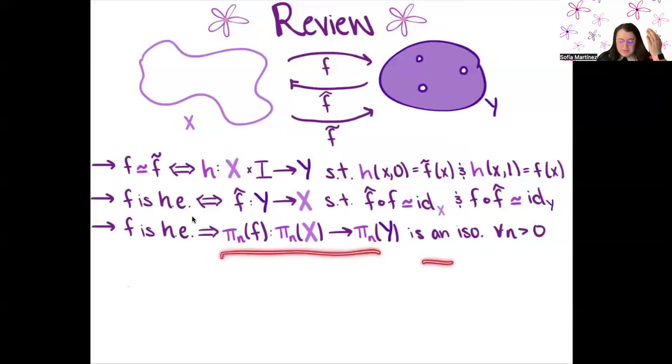So instead of asking for an inverse, let me just define a new notion where I simply ask, is there a map like this? And maybe I should also say the reverse inclusion is not true. If I had a map that just induced an isomorphism on pi i's, it's not necessarily a homotopy equivalence.